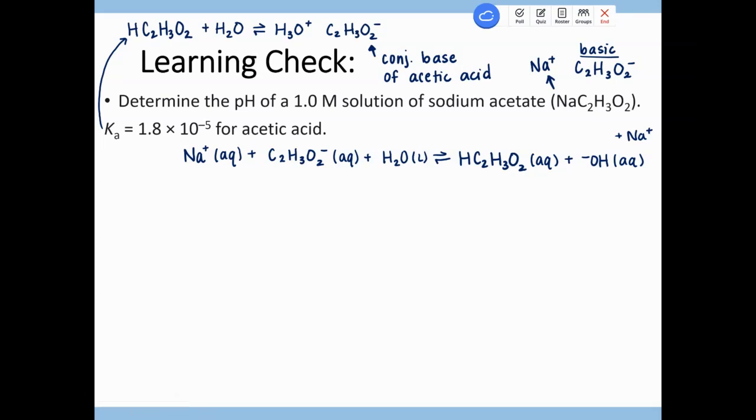So to name everything, Na plus is spectator, acetate is the base, water is the acid, it gives away a proton. Then we have the conjugate acid, conjugate base, and then spectator.